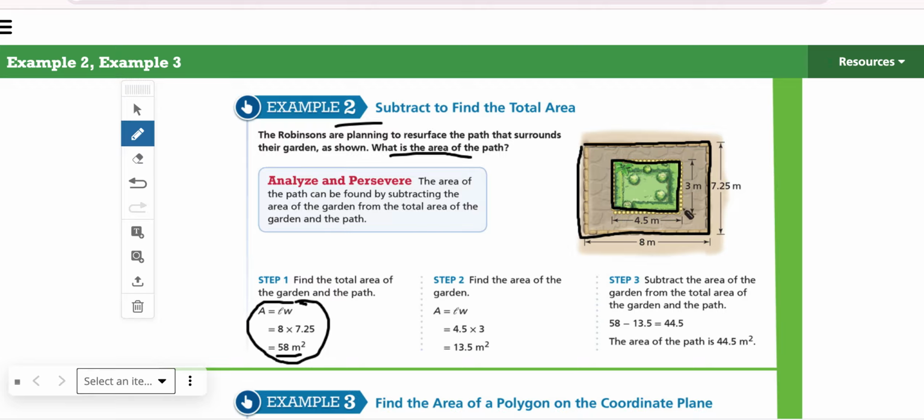So over here, the width is 3, and that gives you 13.5. Now to find the total area of only the brown area, which is the path, you have to take away the garden from the big rectangle. So that's what we're subtracting instead of adding. So when you subtract, you get 44.5. So the path is 44.5 meters square.